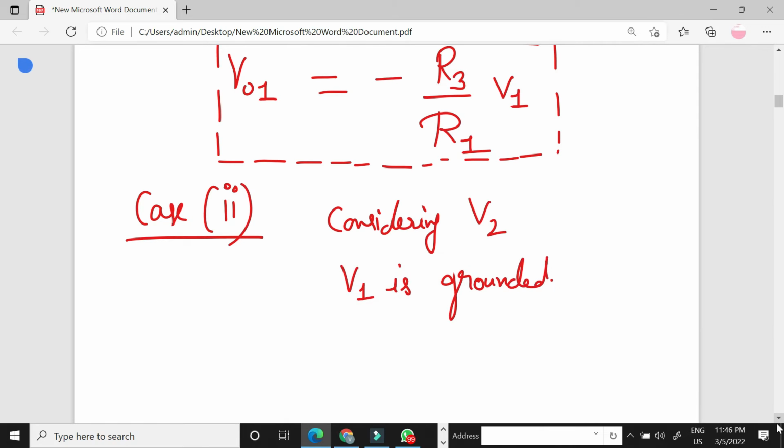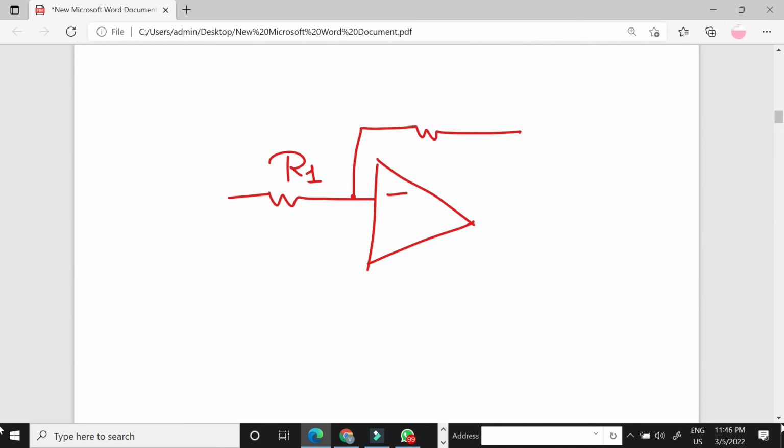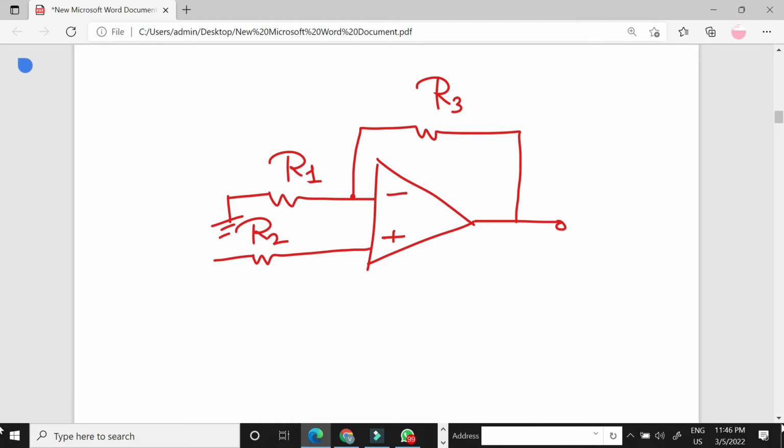Now we get the modified circuit. This is negative, R1. This is R3. This is grounded. Positive, this is R2. This is R4. This is grounded, and this is V2.